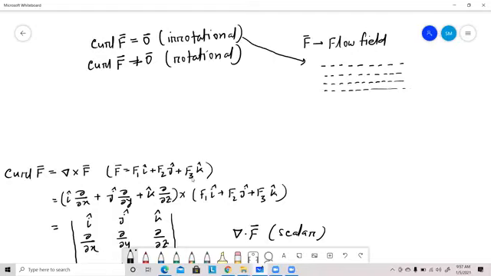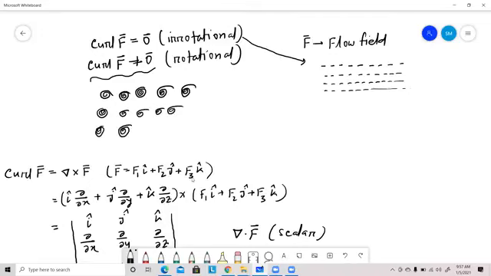If curl of f is not equal to 0, it will also be laminar, but in this case the particles or the fluid will flow rotating about their own axis, like this. The elements of the fluid will proceed rotating about their own axis.